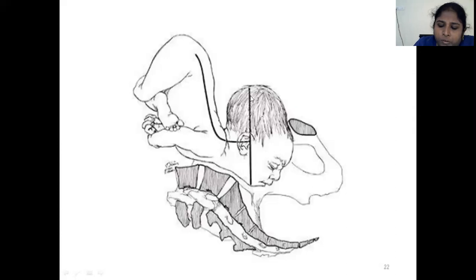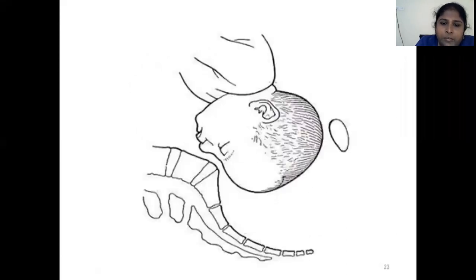Submentobregmatic, 10.5. This is the brow presentation. This is the brow part, that is from the orbital ridge to the anterior fontanelle. This is the presenting part.